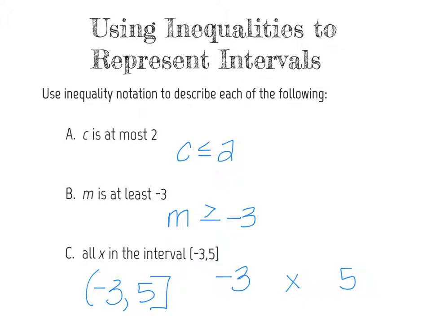Note that this parenthesis is going to tell us that we can go to negative 3, but we don't want to equal negative 3. However, the bracket tells us that it's okay to equal 5. So our final answer is negative 3 is less than x is less than or equal to 5.